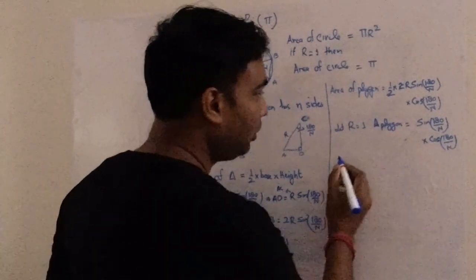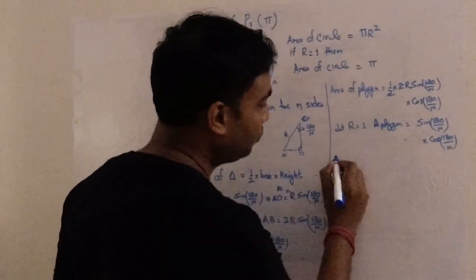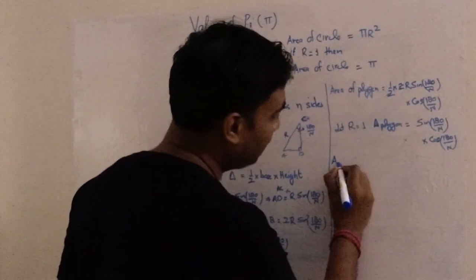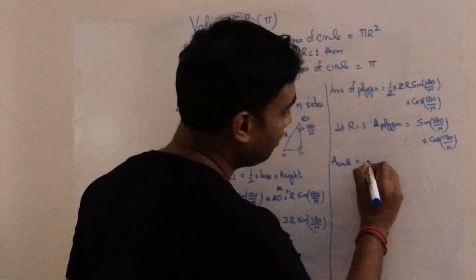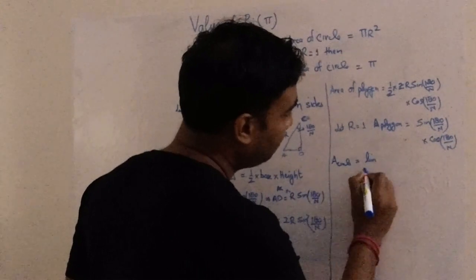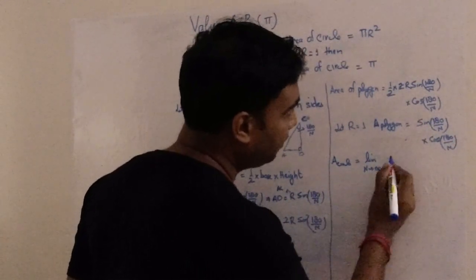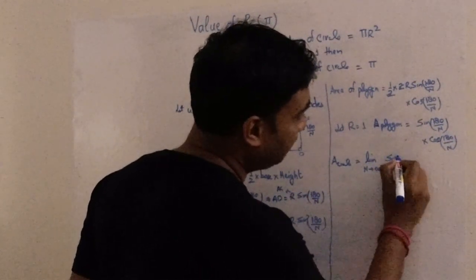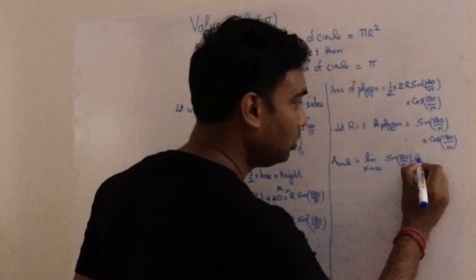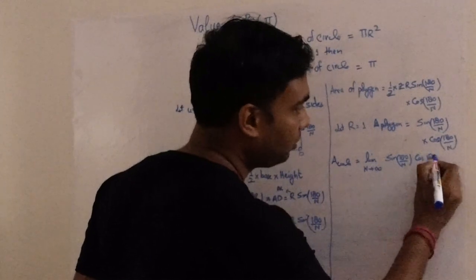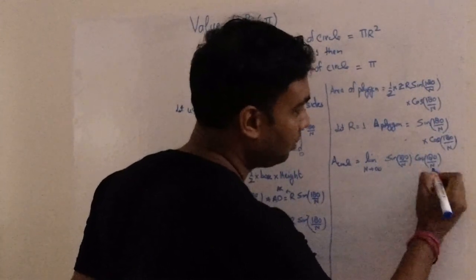So this is the area of the polygon. The area of circle, a special case of this, will be the limit n tends to infinity of sine 180 over n into cos 180 over n.